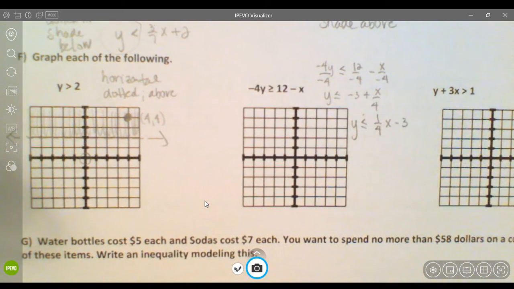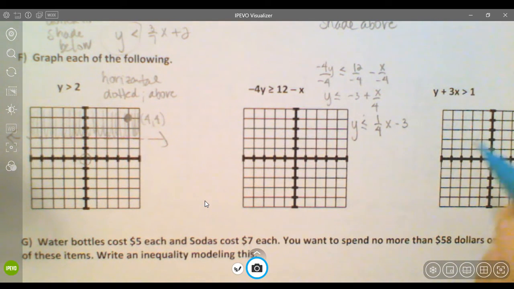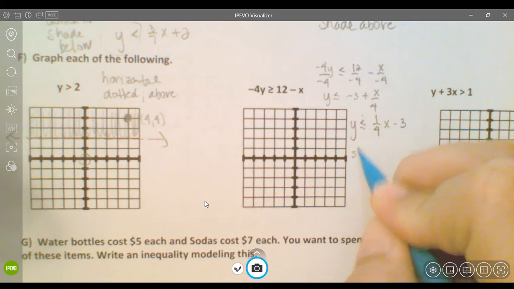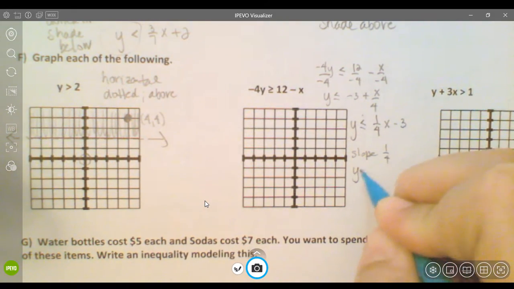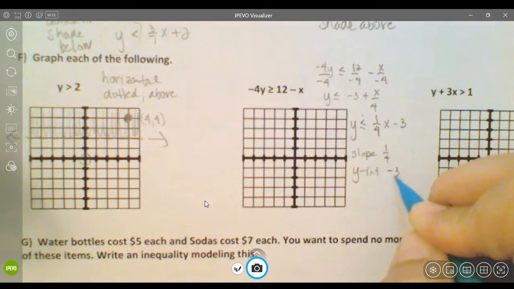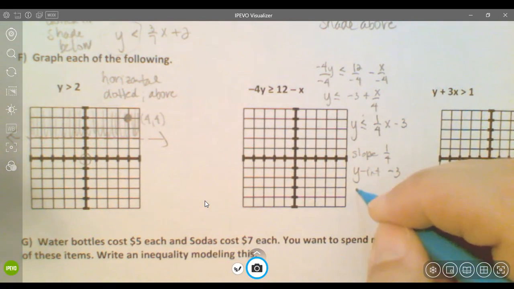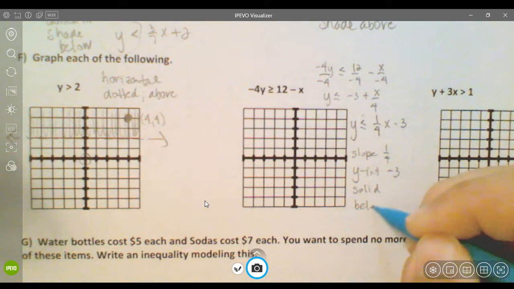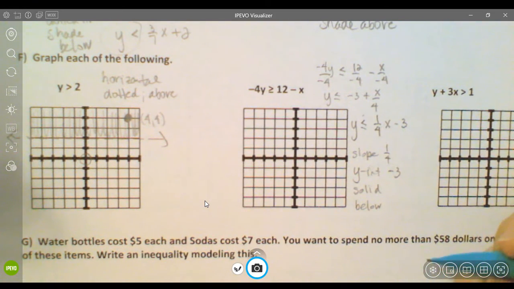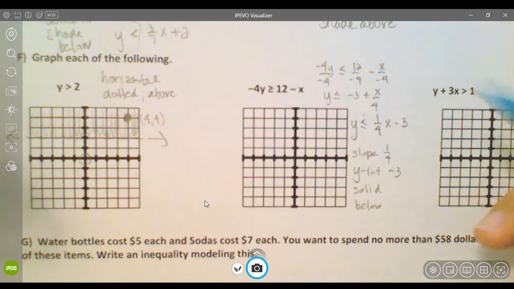Okay, so here's what happens in an inequality. In an inequality, you can always tell 4 things about something right away. So here I can tell you the slope is 1/4. The y-intercept is -3. I know I'm going to have a solid line, and I know I'm going to shade below. Whoa, that's a lot of stuff. Yeah, but it's not bad. I mean, think about it.